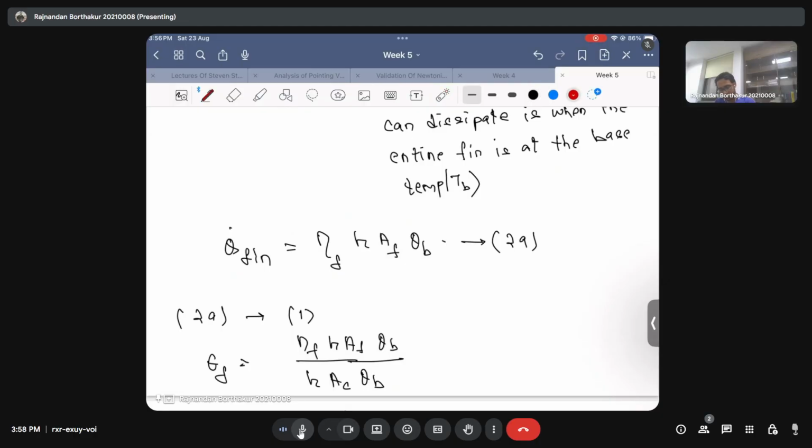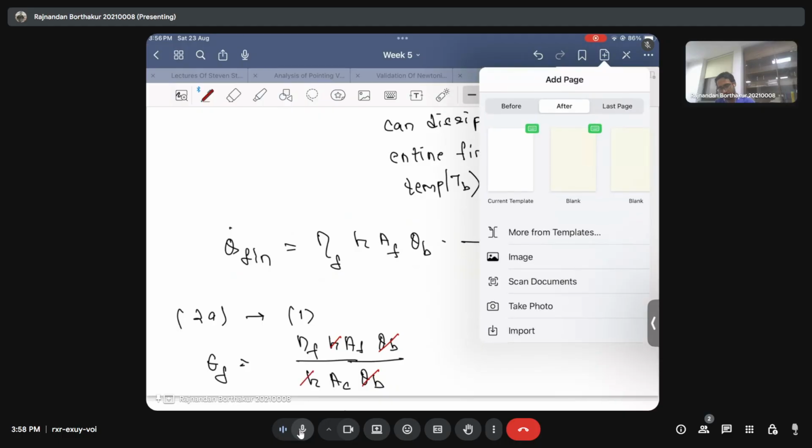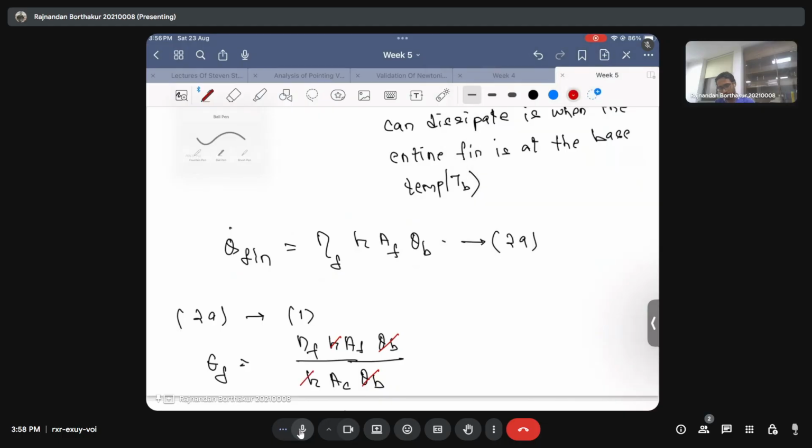If you cancel this theta_b, and then cancel this h, you'll get a nice little relation as eta_f times A_f by A_c. So this is the important relation between fin effectiveness and fin efficiency.